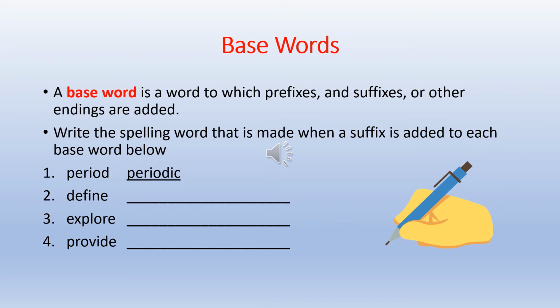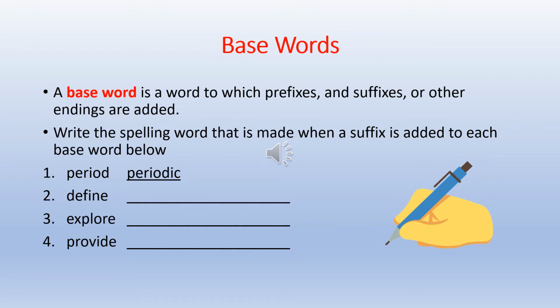Okay, so let's review what a base word is. It's a word to which a prefix and suffix or other endings are added. And we have to complete the exercise. I just completed the exercise with you. And if you are not sure, you can make me a call or ask me if you have any doubt.